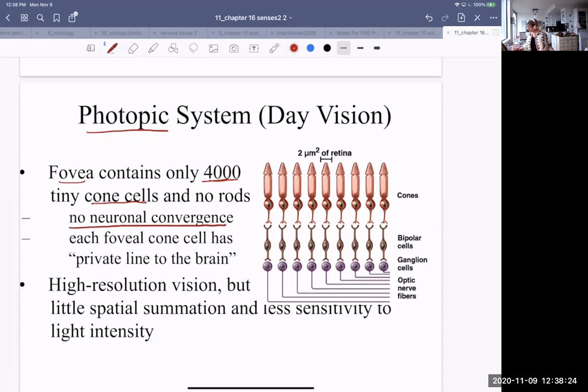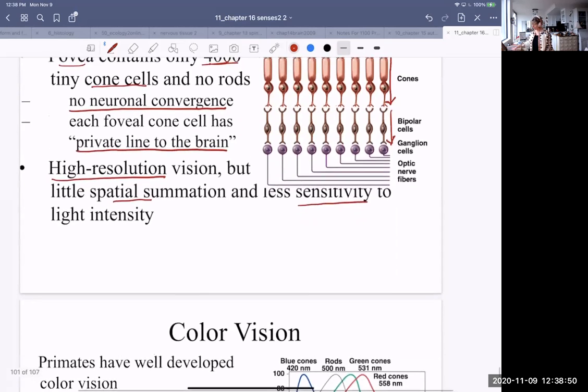Each cone cell here has a direct line to a bipolar cell here, which has a direct line to a ganglion cell. So there's very, very high resolution, like each one has a private line to the brain. But not a lot of spatial summation, so not a lot of detection of motion, and less sensitivity to light intensity.